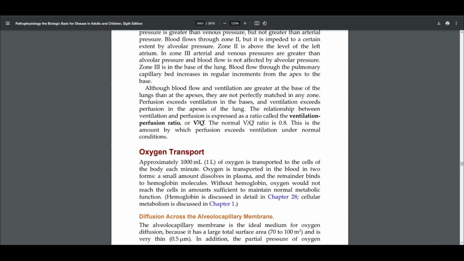That relationship between ventilation and perfusion is expressed in a ratio called the ventilation-perfusion ratio, the V/Q. The normal V/Q is 0.8. This is the amount by which the perfusion exceeds ventilation under normal conditions. So again, your ventilation over perfusion.